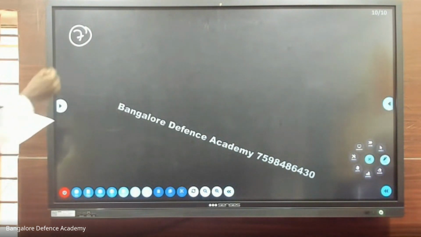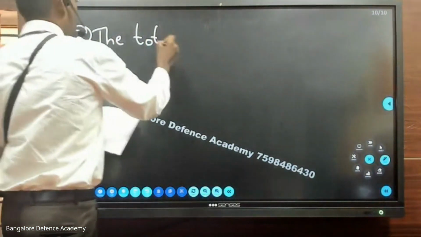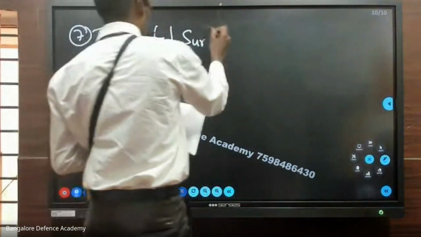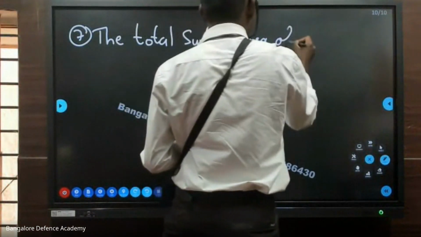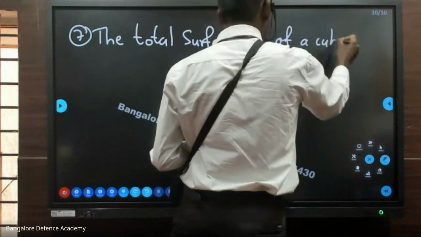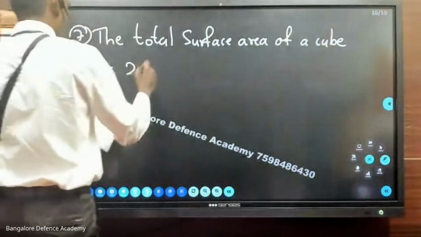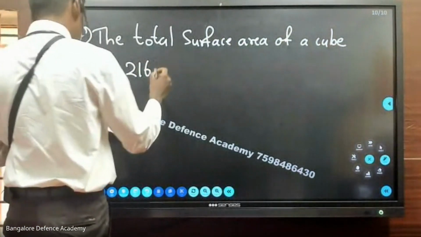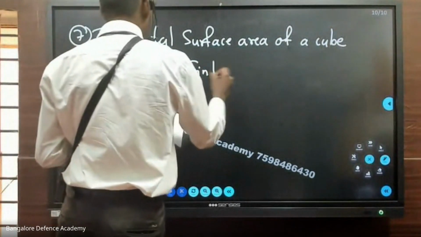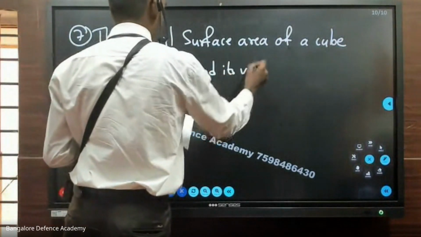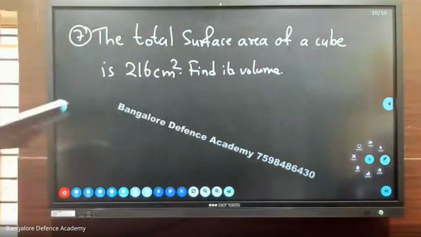The total surface area of a cube is 216 centimeters square. Find its volume. Start with me.